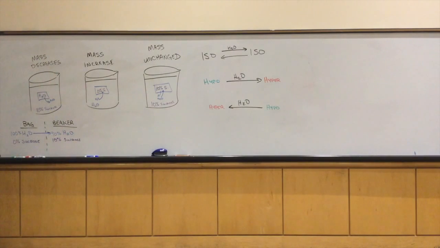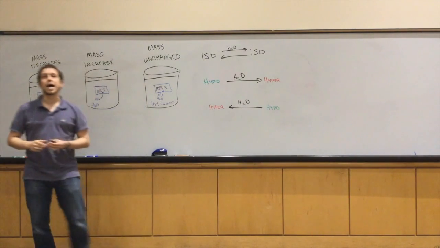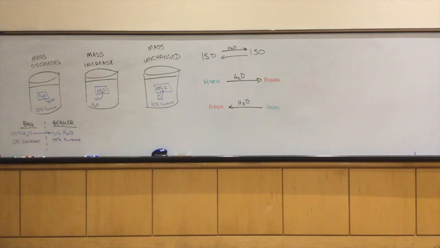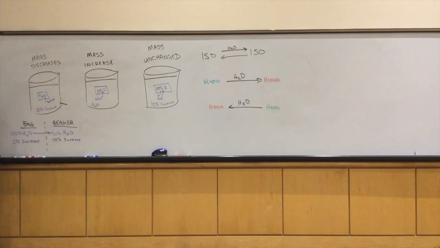Excellent. So now, let's look at each of these solutions surrounding the bag, and let's determine if those solutions are hypertonic, hypotonic, or isotonic. So, this first solution here in the beaker, hypertonic, hypotonic, or isotonic? Hypertonic. Two ways you can tell this. First and foremost, hypertonic means higher level of solute.